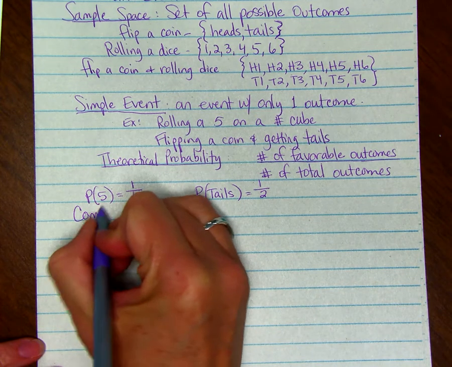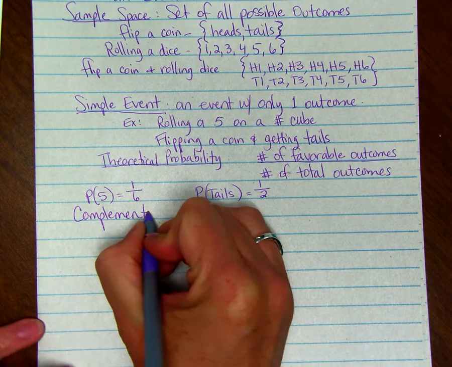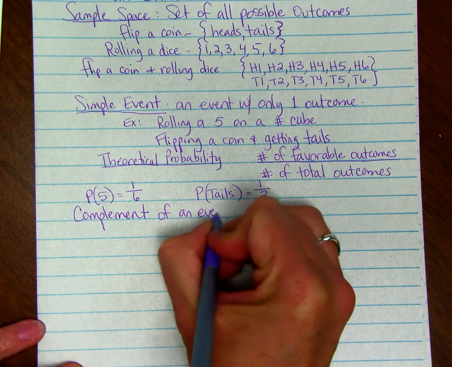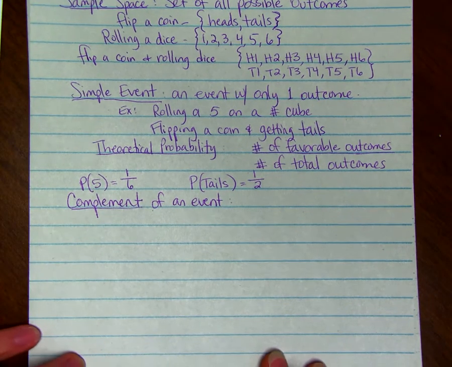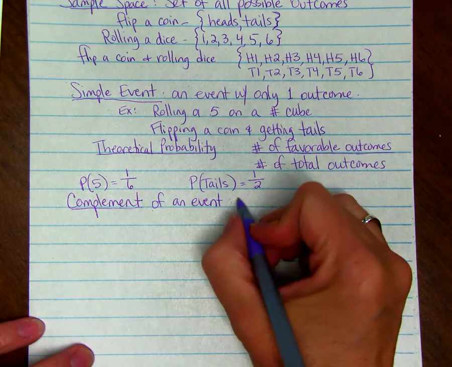The complement of an event. The complement is basically the set of all outcomes not in a given event.